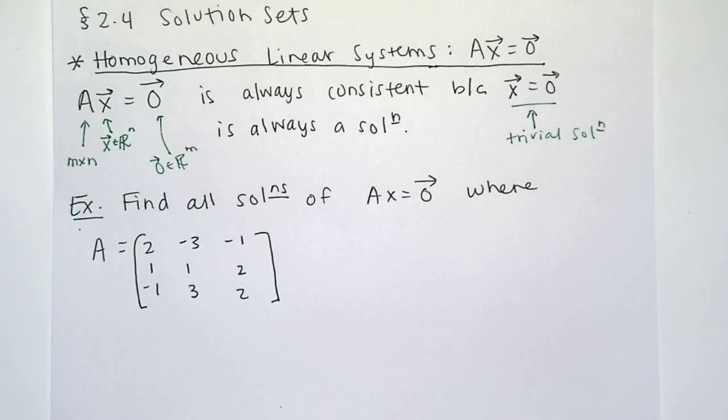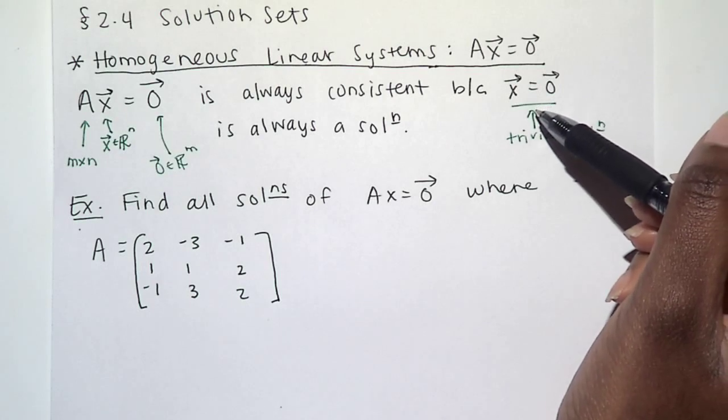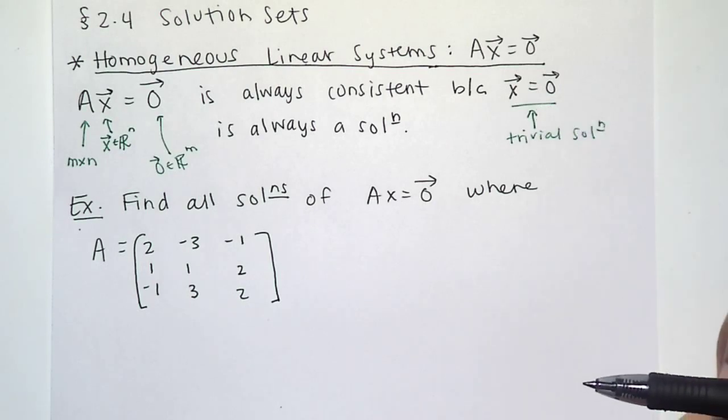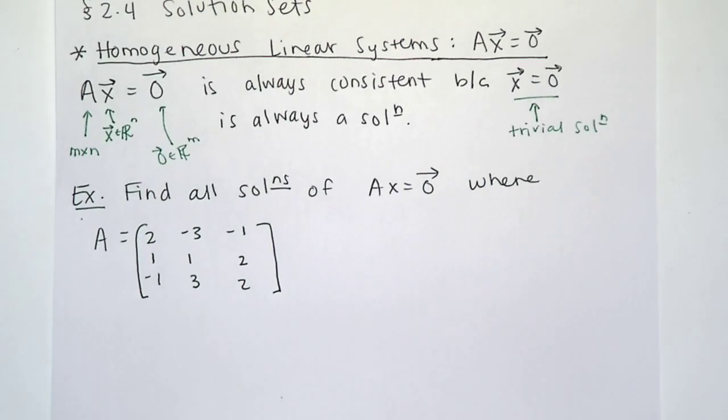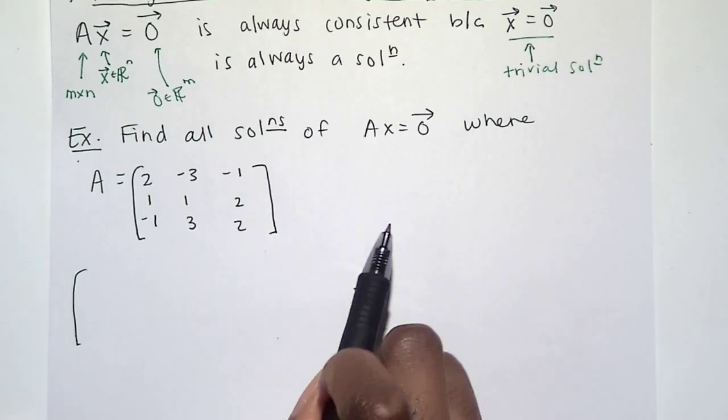All right, so how do we find all of the solutions? Well, we already know one of them, x equals 0, but what about all of the others? We can, of course, set up an augmented matrix for Ax equals 0.